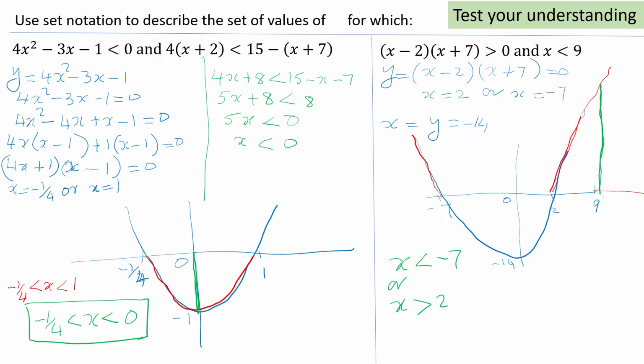Need to satisfy both inequalities. So x less than minus 7 union 2 less than x less than 9.